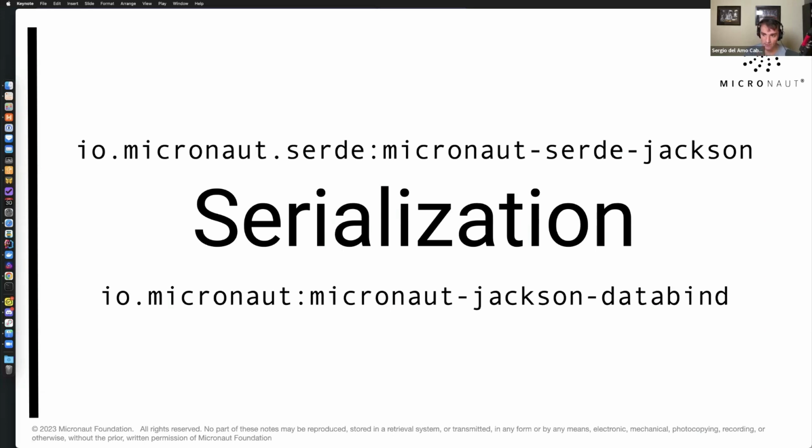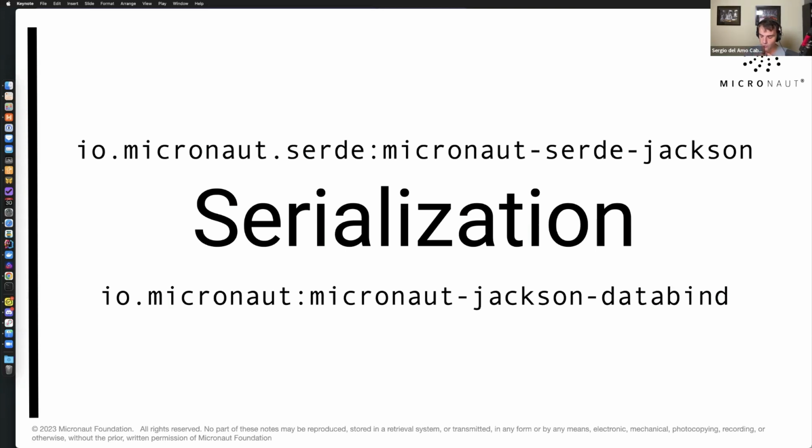That's no longer the case in Micronaut 4. In Micronaut 4, if you want to render JSON, you have to choose which serialization flavor you want to use. If you go to Micronaut Launch, we default to Micronaut serialization. So that's the dependency on the top, the Micronaut serialization, or the Jackson. Both are supported.